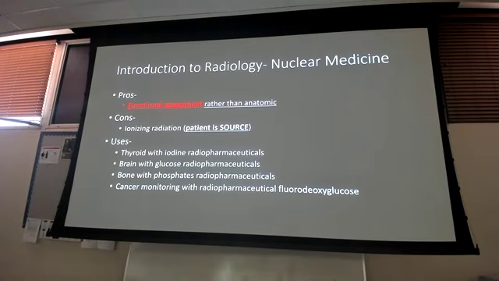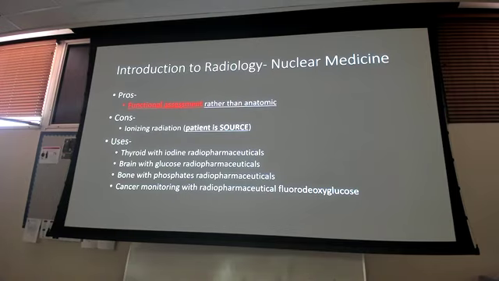Give them counseling like, hey, don't hold your grandchild for the next couple of days until you're done, just out of precaution. Are there any studies that show the nuclear medicine patient went home and the 2-day-old baby caught radiation sickness and died? Not that I could find, but we know that no radiation is safe, so we just take precautions. It's just 2 days, let's just be safe, that kind of thing. So the patient is the source.